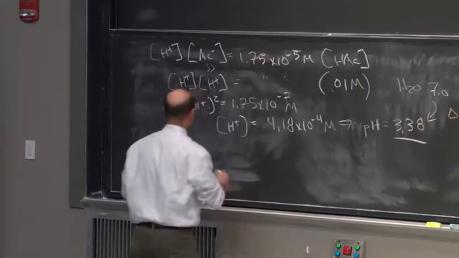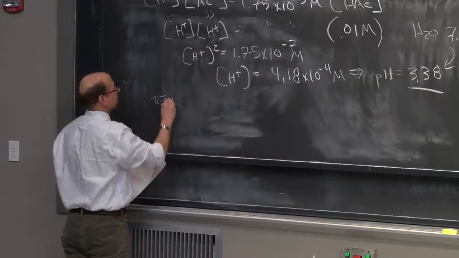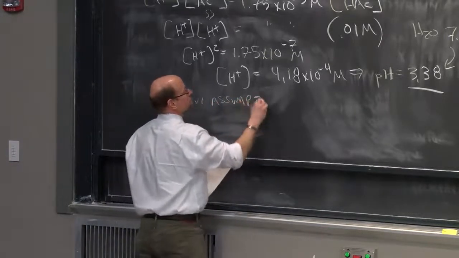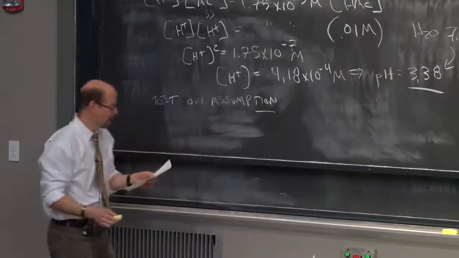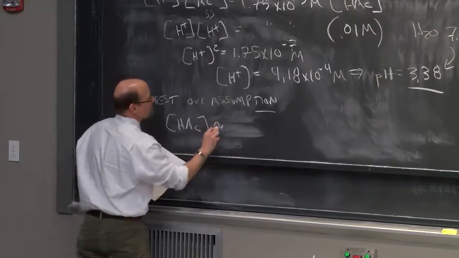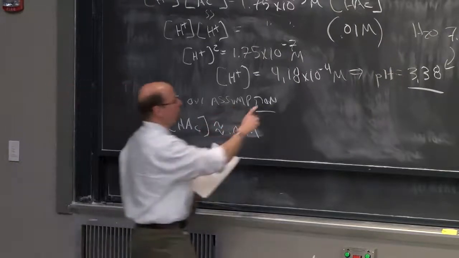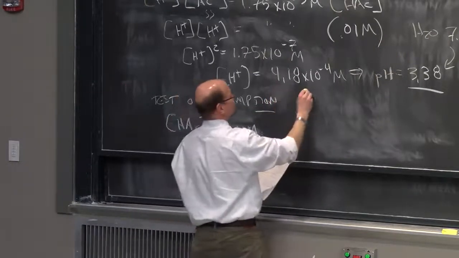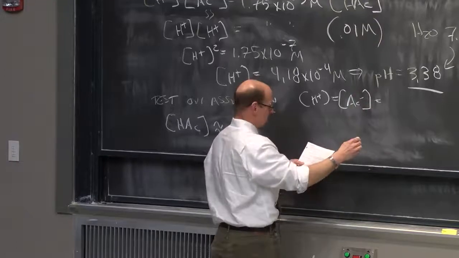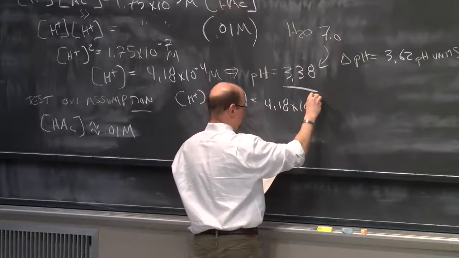Now, let's test our assumption. Was it fair to make these assumptions that we did? We said at the beginning that the concentration of acetic acid in the end was going to be about equal to what we started with, which was about 0.01 molar. Now we know from this that the concentration of protons is equal to the concentration of acetate anions, which is equal to 4.18 times 10 to the minus 4 molar.